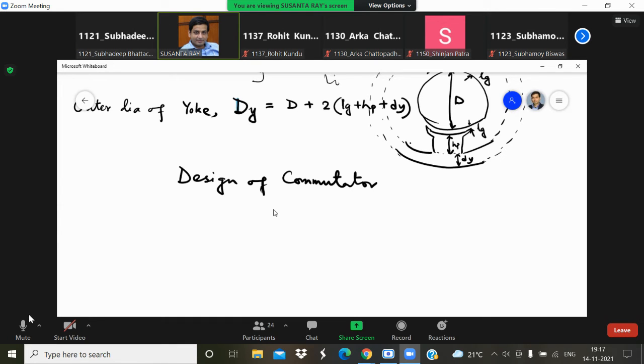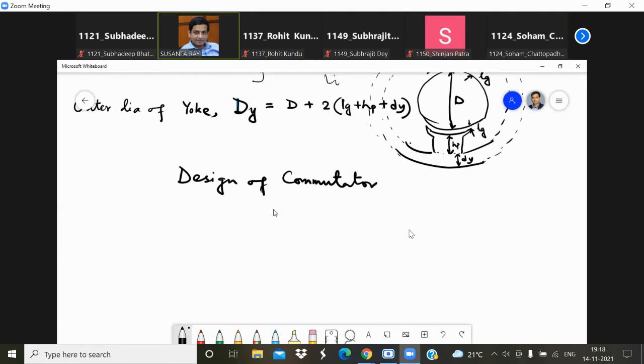For a 65 kilowatt machine, my outer diameter is 570 millimeter. So for 110 kilowatt machine, my outer diameter is coming out to be 919.89 millimeter. Not sure.